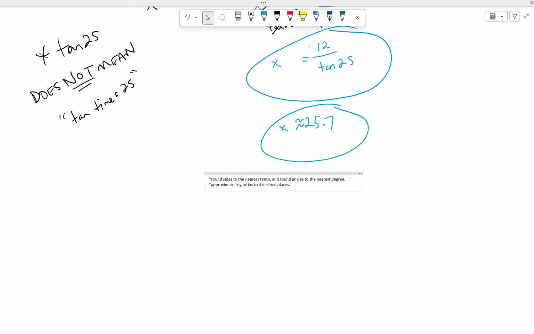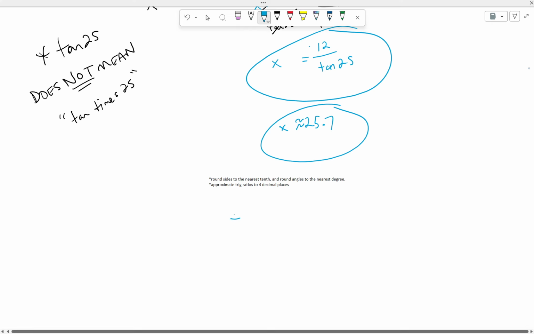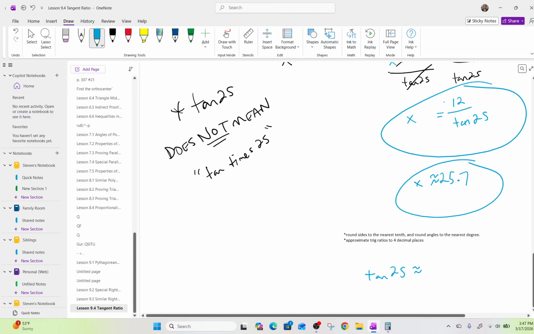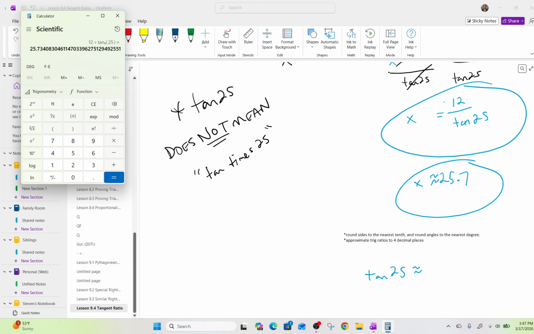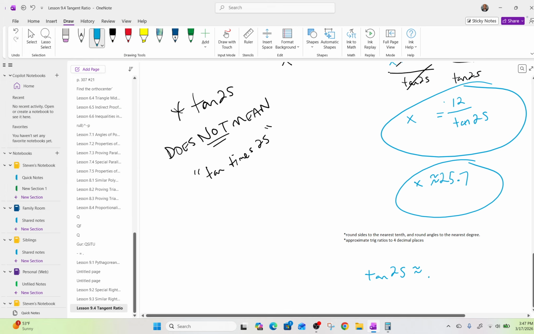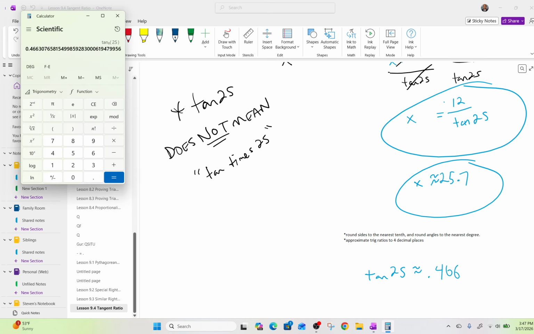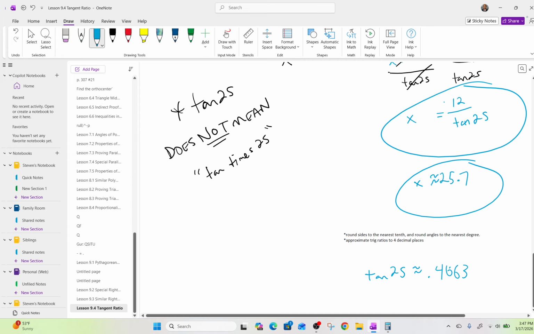So this is what this means, okay? When you take the tangent of 25, just as a standalone number, as an approximation, it's about equal to 0.4663.